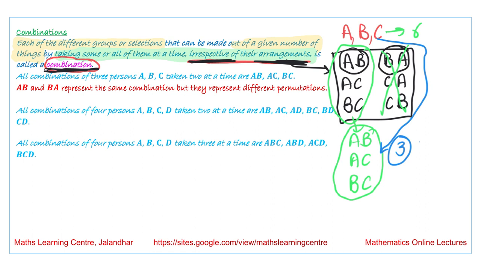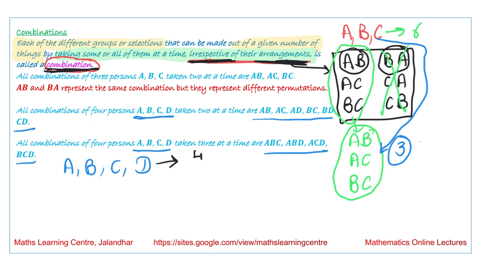The next result is that all combinations of 4 persons A, B, C, D taken 2 at a time are equal in number to all combinations of 4 persons A, B, C, D taken 3 at a time. If we have 4 persons A, B, C, D and talk about permutations, selecting 3 at a time gives 4P3, which is equal to 4 factorial by 1 factorial, that is 4 factorial.